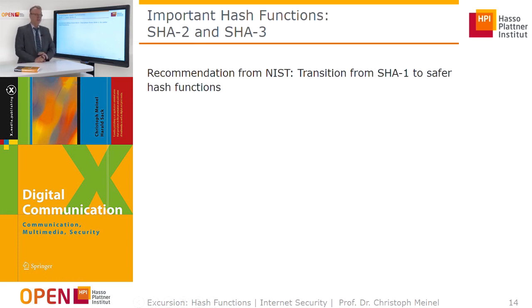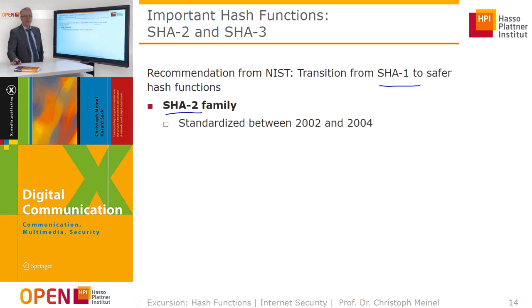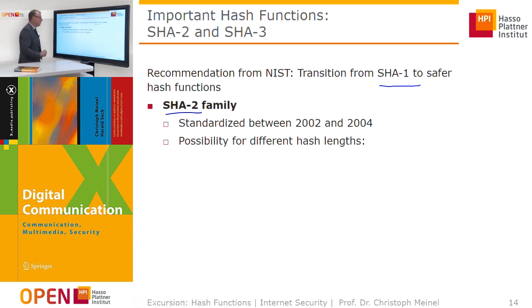So the recommendation from NIST now is that users should make a transition from SHA-1 to safer hash functions. There is the SHA-2 family. This was standardized about 10 years later than SHA-1 and MD5, between 2002 and 2004.